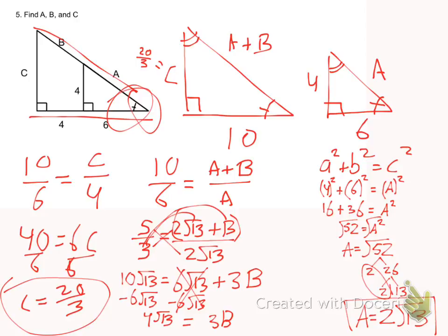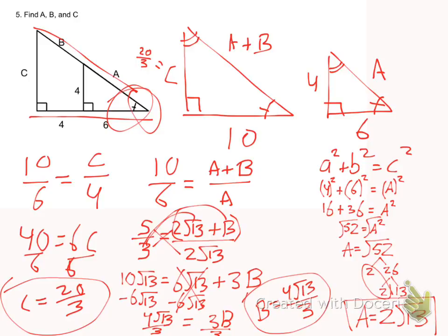And, oh, I think I might be able to fit it in yet. It's going to be kind of small here. Divide both sides by 3. And so b is equal to 4 square root of 13 all over 3. Those are the exact numbers. Square root of 13, guys, is not a nice number, right?